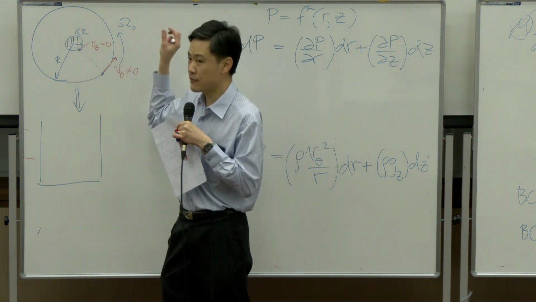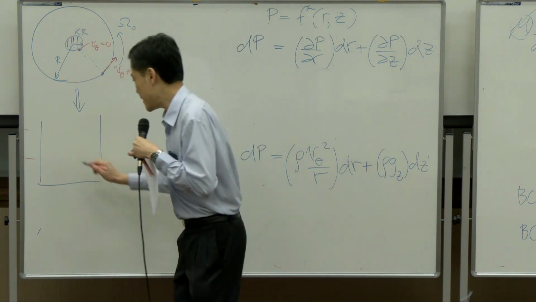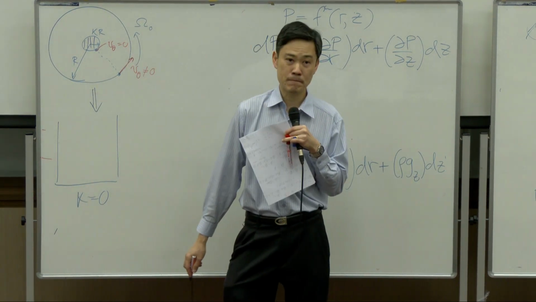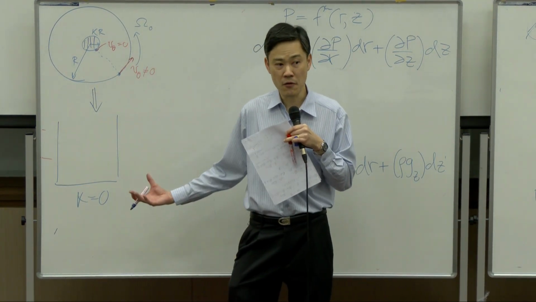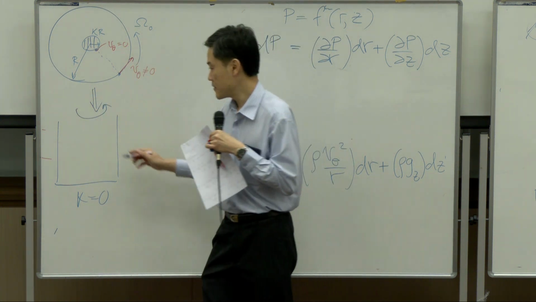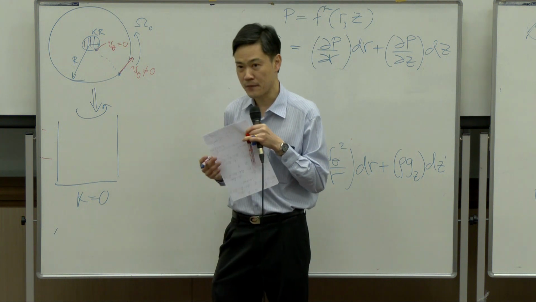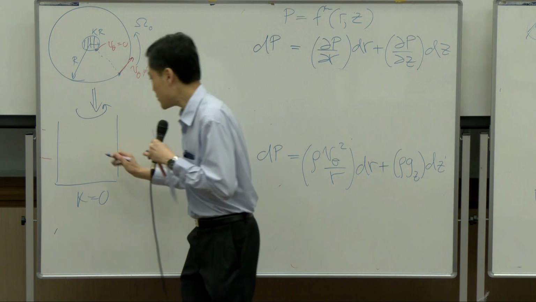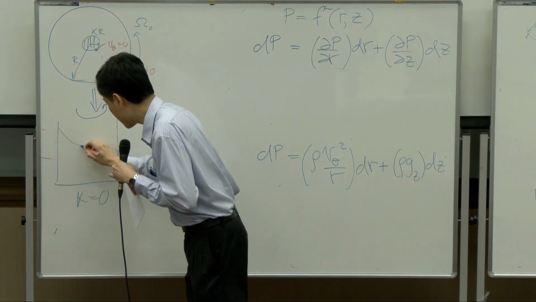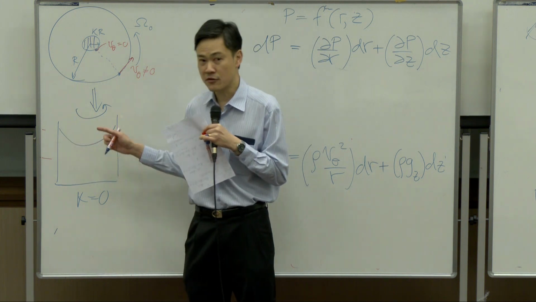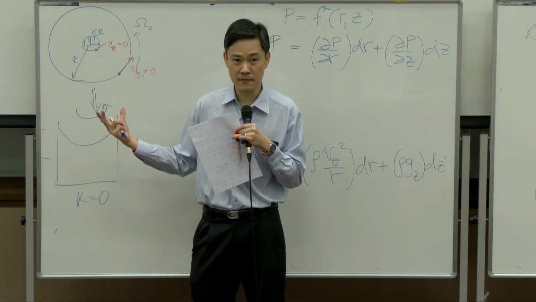If I remove this rod, it means that in this system, k is equal to 0, right? No rod, k is 0. The tank is still rotating. You rotate the tank. There's a liquid inside, okay? Usually, when you rotate the tank, what you see is the liquid would go like this. The surface of the liquid turns out to be curved, okay?